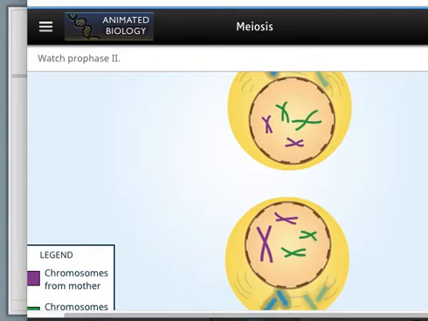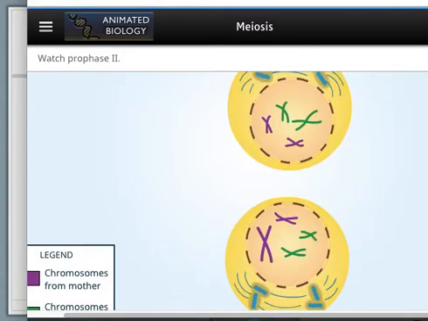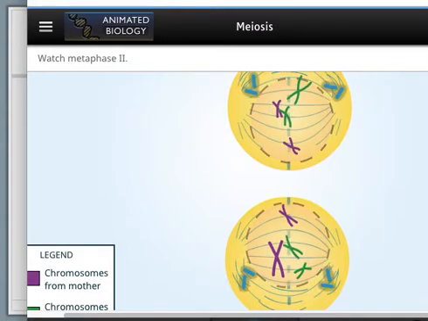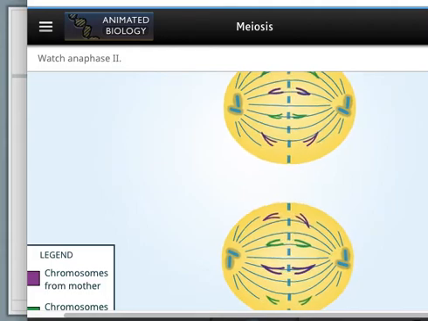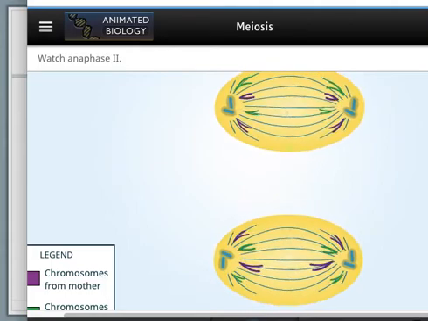haploid number. All right, so this is meiosis 2, prophase 2, kind of similar to prophase 1. The nuclear membrane gets all broken up. We get some spindle fiber formation going on. Metaphase 2, lining up in the middle. Anaphase 2, pulling the sister chromatids apart.